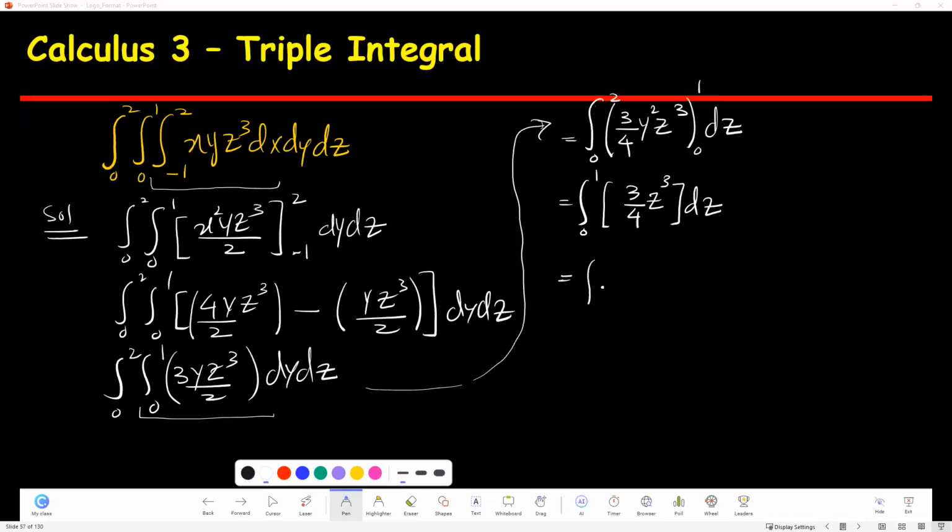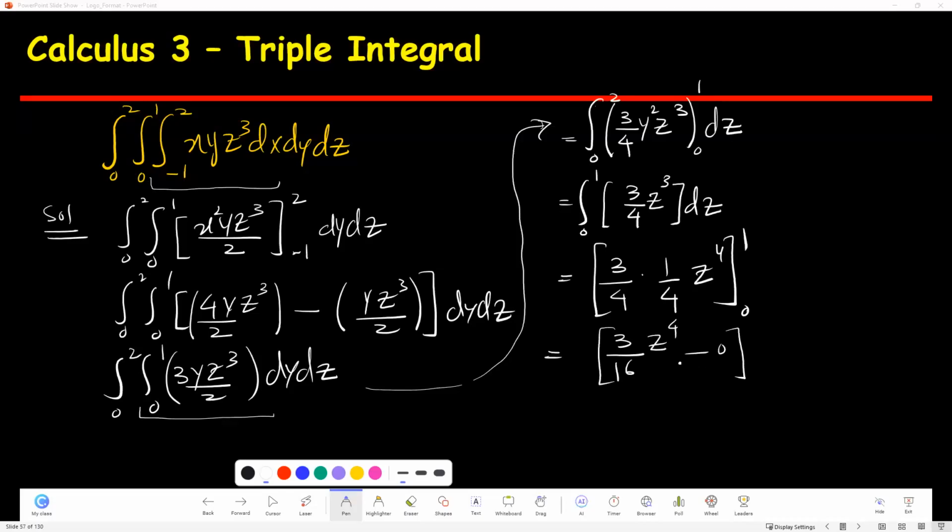It's a fairly simple integral now. I'm going to take the integral directly. 3 over 4 dot 1 over 4 z to the power 4, from 0 to 1, is going to be 3 over 16 z to the 4 minus. I'm going to just apply this directly here.